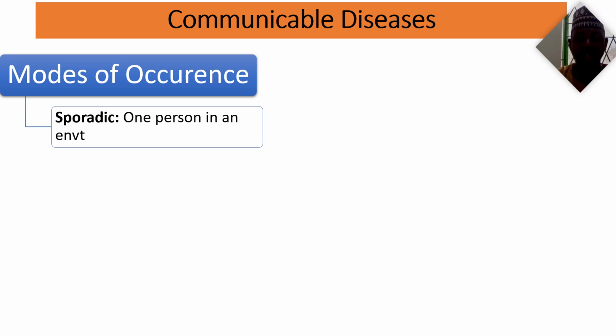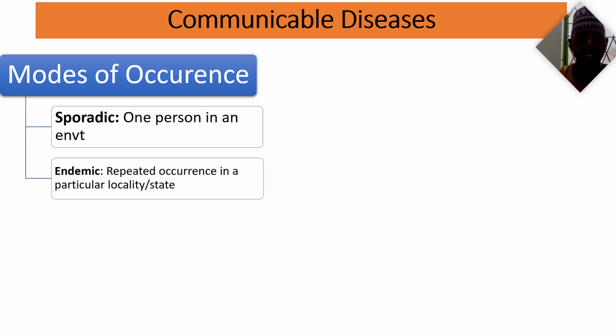Then the next one is endemic communicable diseases. Endemic communicable diseases are communicable diseases that have repeated occurrence, in which the disease occurs repeatedly in a particular locality, maybe within a radius of 30 miles, affecting many individuals.